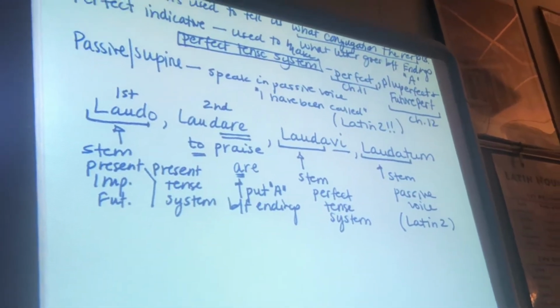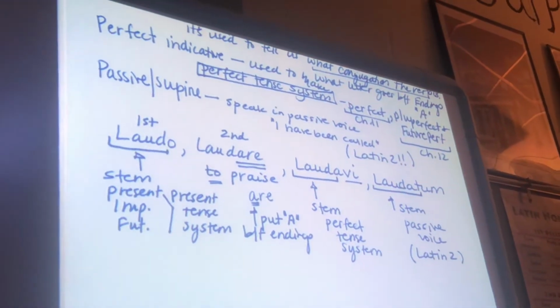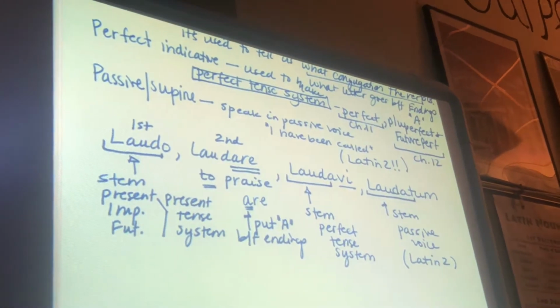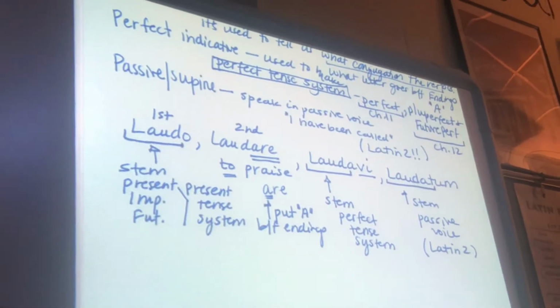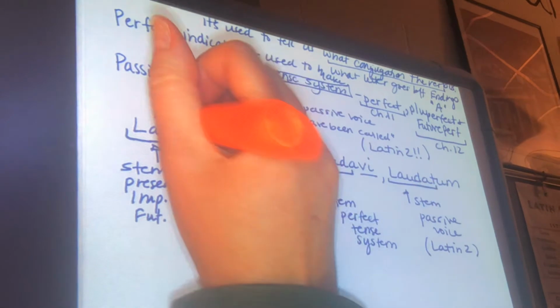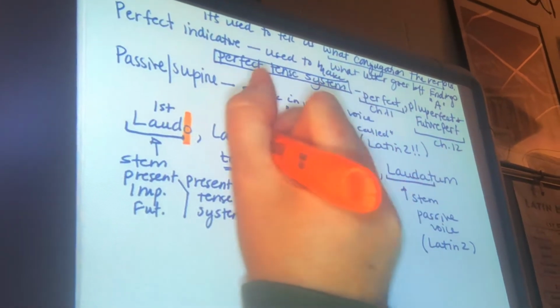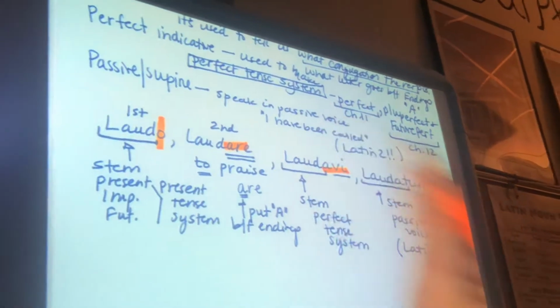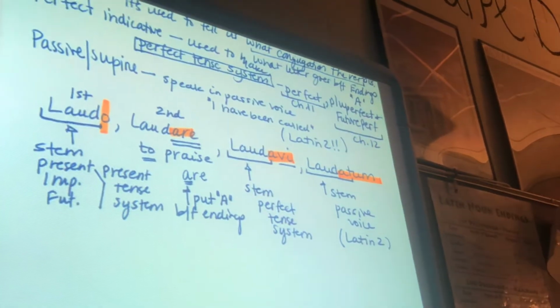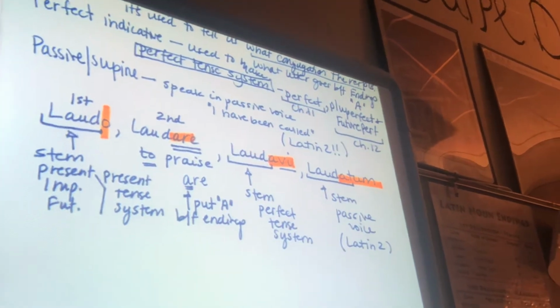Yep, perfect. So you're gonna notice when you look at your vocab that there's a pattern of O, are, avi, atum. O, are, avi, atum.